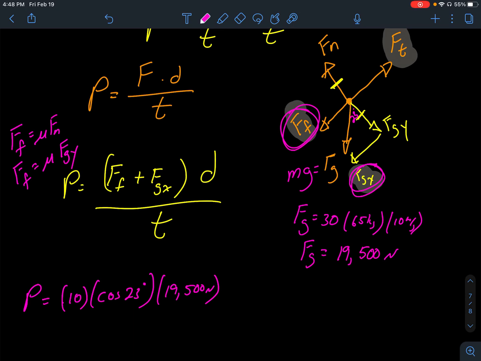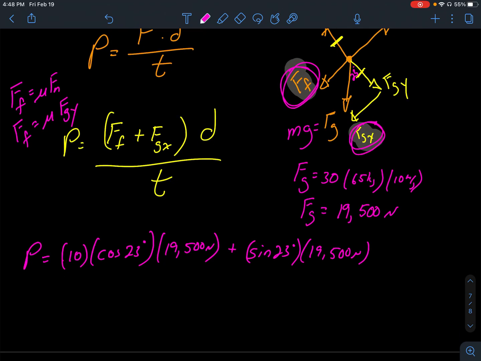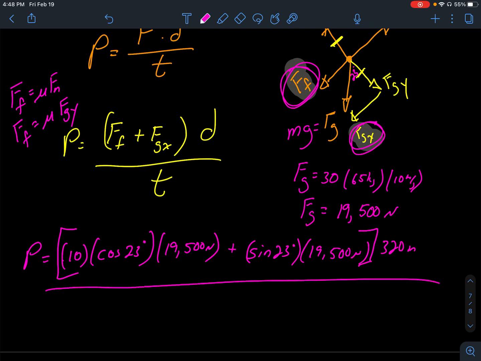And I'm going to add that to my force of gravity in the x direction, which is sine 23 degrees times my weight, or my hypotenuse, if you will. All of that multiplied by the distance, which was the 320 meters, divided by the time. Was this the 120? So yeah, 120 seconds or 2 minutes.